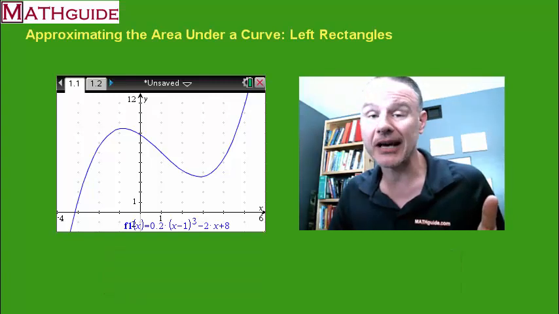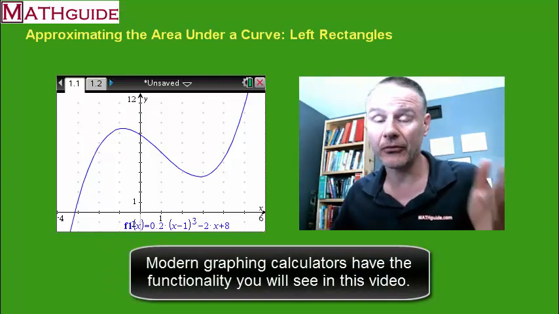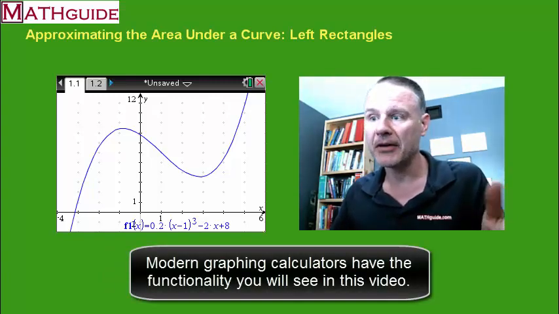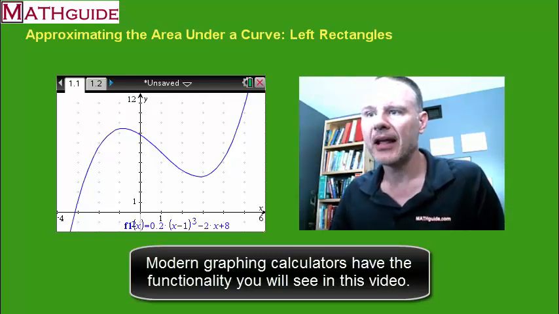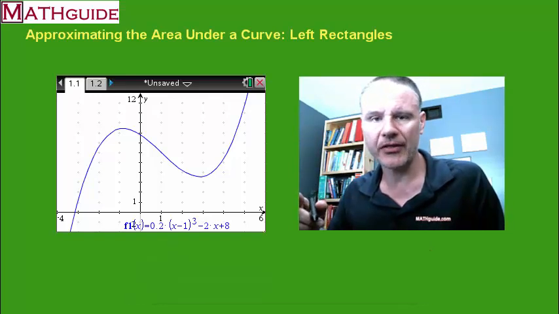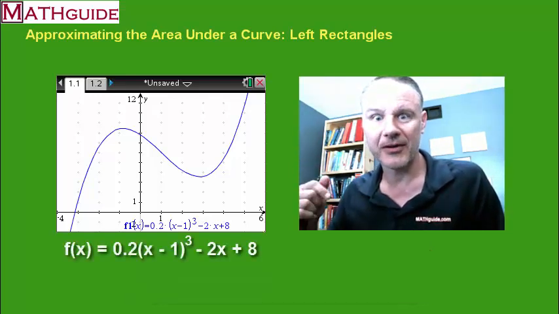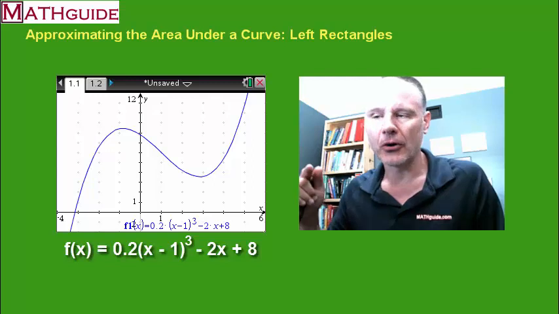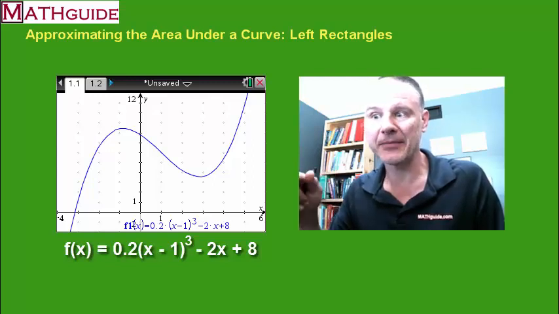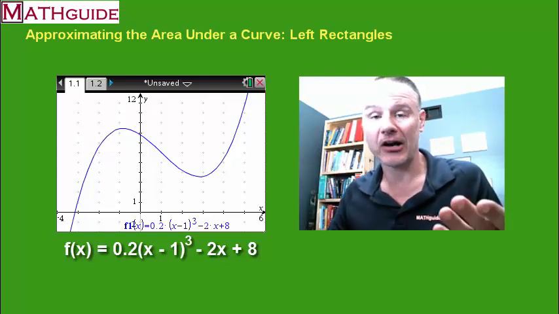You don't have to use a TI Inspire calculator; you could use a TI-83 or TI-84, as long as you graph it and put that function in. I'm not sure if you're able to see that function as it's written there, so let me make a better picture for you. There you go, there's the function. That's the function that I typed in, and I've got a graph now.